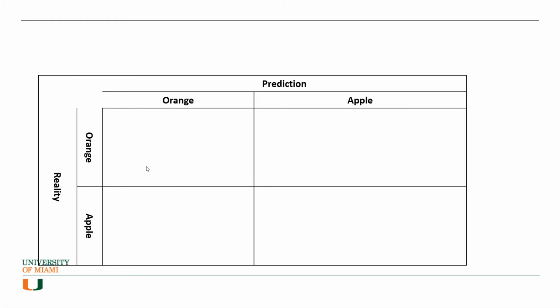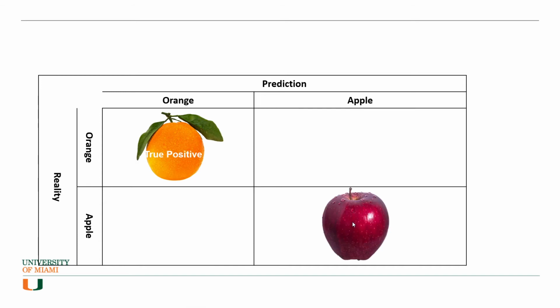In cases where it correctly classifies something that is actually an orange, as an orange, we would have a true positive. And in cases where it correctly classifies an apple as an apple, then we would have a true negative. Now, in cases where something is truly an orange, but it incorrectly classifies them to be an apple, then there you have a false negative.